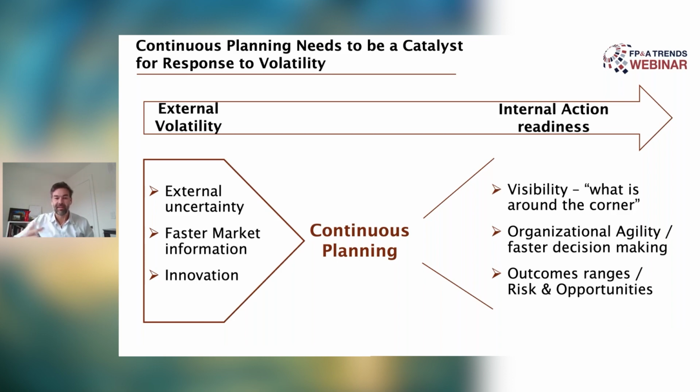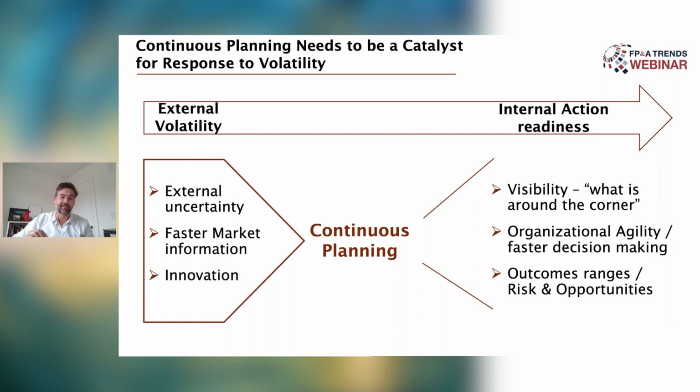We know that things can be volatile at that moment, and it's very important early on to be able to take the right decisions if we need to course correct something. And again, using the right KPIs as input to our continuous planning process can really be a way of telling us how things are going to evolve in the near future, and how we can then take decisions to course correct whatever needs to be course corrected.